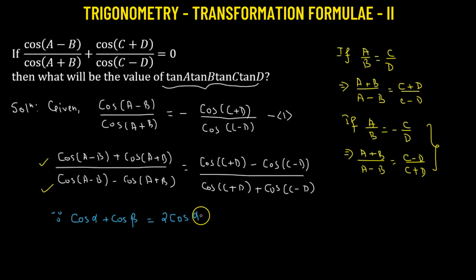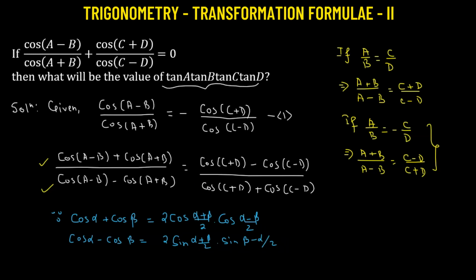That means we'll have 2 times cosine of (alpha plus beta) over 2, multiplied by cosine of (alpha minus beta) over 2. Then if we have the difference of cosine functions, cosine alpha minus cosine beta, this is going to transform as the product of two sine functions. So we have 2 times sine of (alpha plus beta) over 2, multiplied by sine of angle (beta minus alpha) over 2.